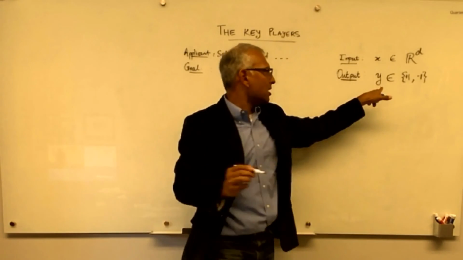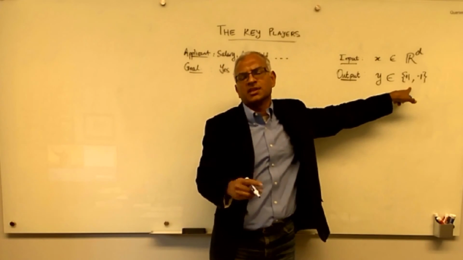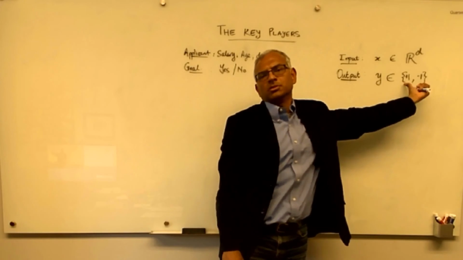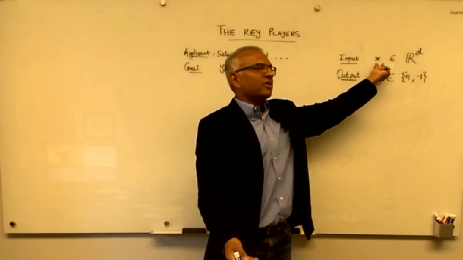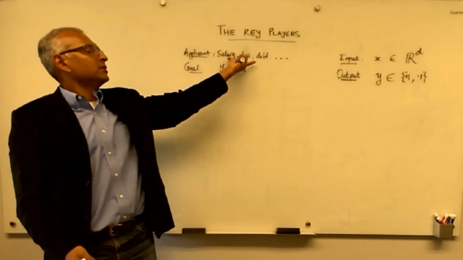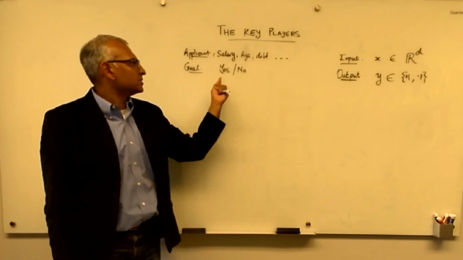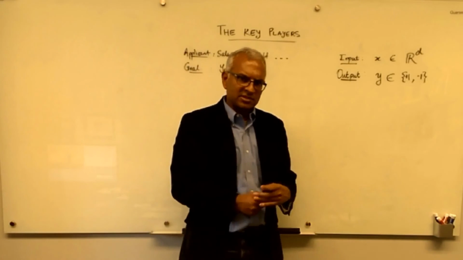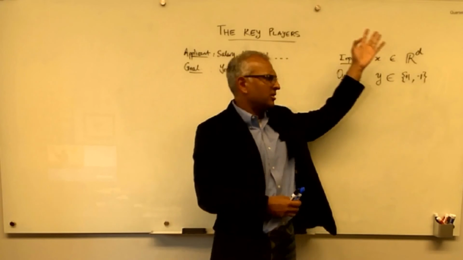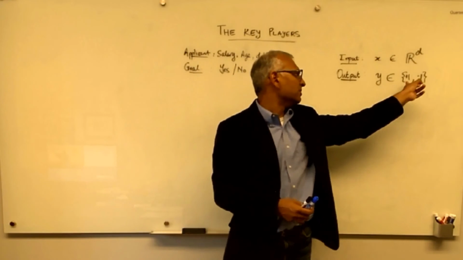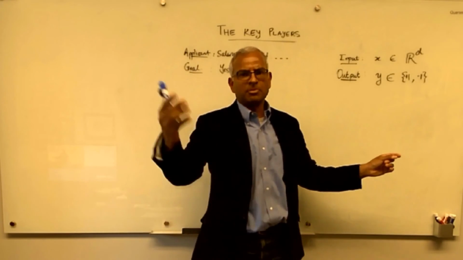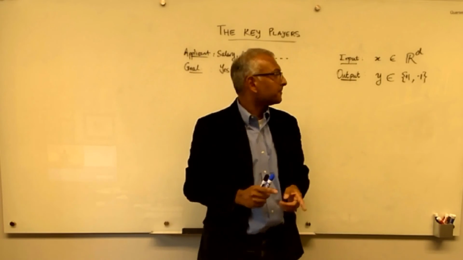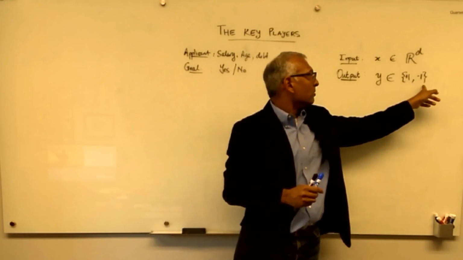In this case, the output belongs to a finite set, plus or minus 1. This is called a classification output because you're classifying the input vector x, i.e. you're classifying the applicant into one of two categories, yes or no. As we progress, we will see that you can have very different types of problems where y may be more than one class. For example, in the digit recognition problem that I showed you, which will be the one we use throughout the class, the possible outputs are 0, 1, 2, 3, up to 9.